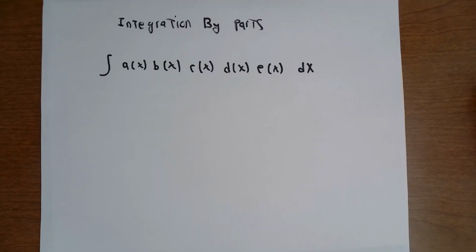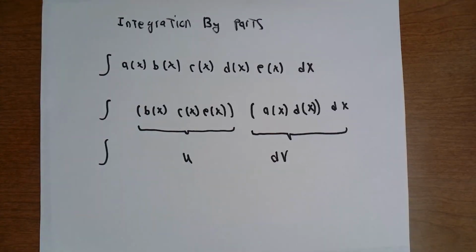Depending on what these factors are, it's possible that I can rearrange them in some way as to make life easier on myself. For example, it might be advantageous to group the b of x times c of x times e of x together and group the a of x times d of x with the differential symbol together.